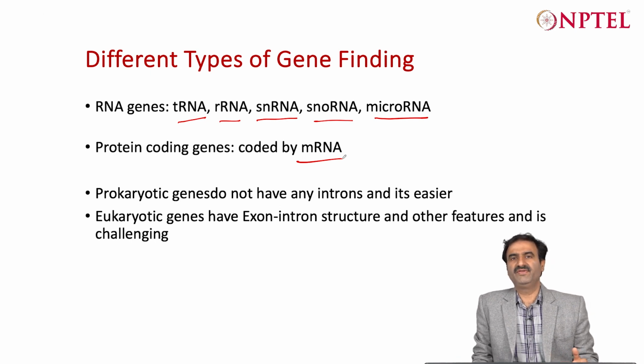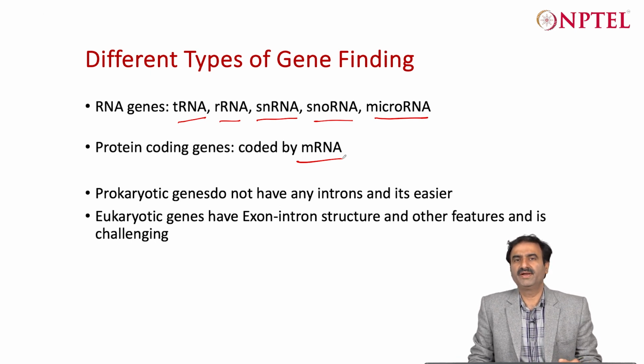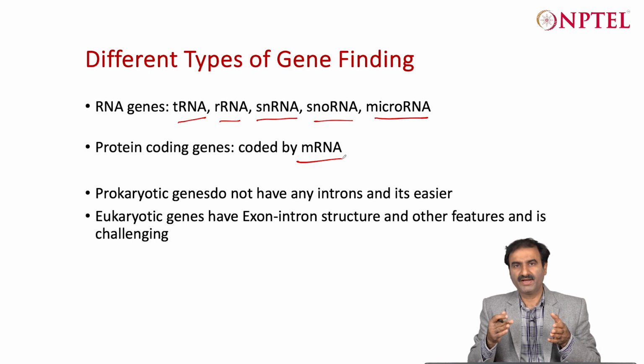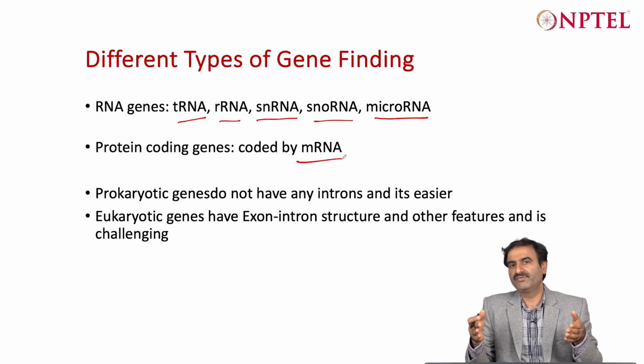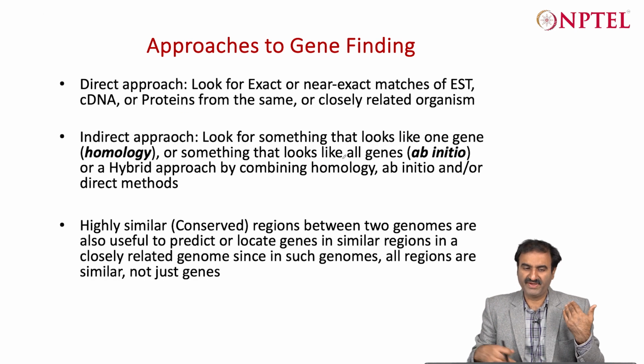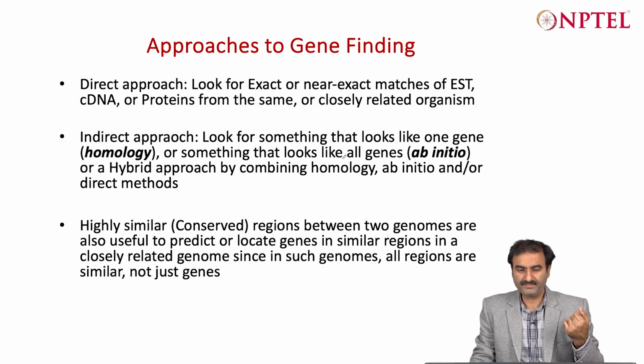Prokaryotic genes are generally easier to find or predict because of their not so complex structure, whereas finding eukaryotic genes may be challenging because the exons are split, there could be a very long or unpredictable stretch of length between the two exons, or alternate splicing, and those things also complicate it.